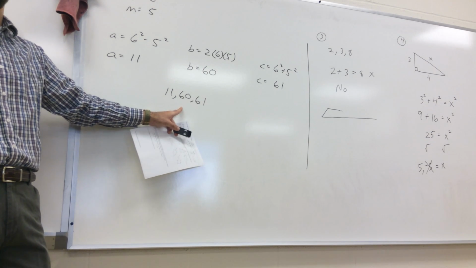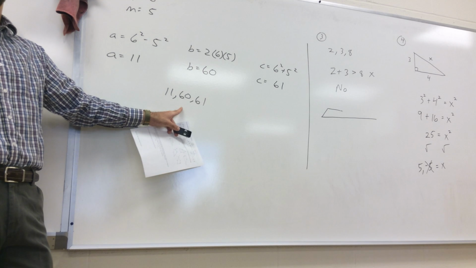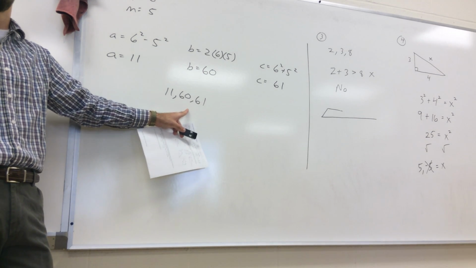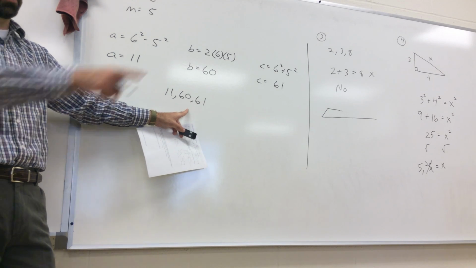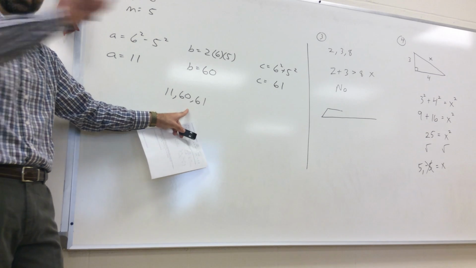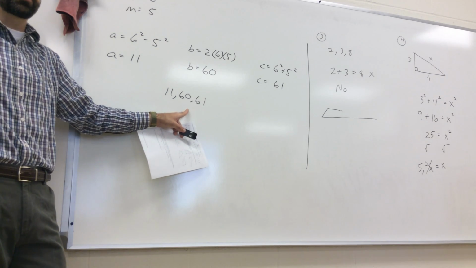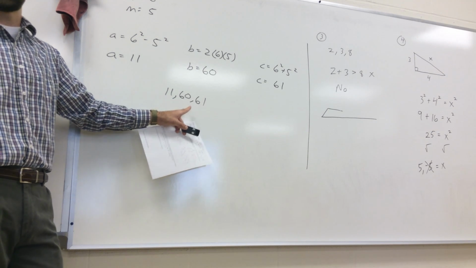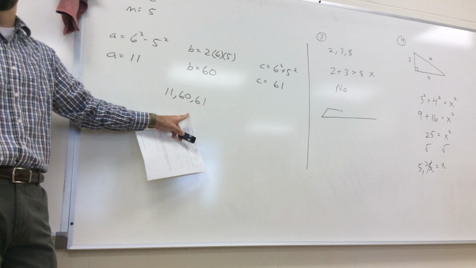Good. They're called a Pythagorean triple. And what do these three numbers make? A right triangle. So if we measured out 11 inches and 60 inches and 61 inches, it would make a triangle that had a 90-degree angle. That's why it's called a Pythagorean triple.